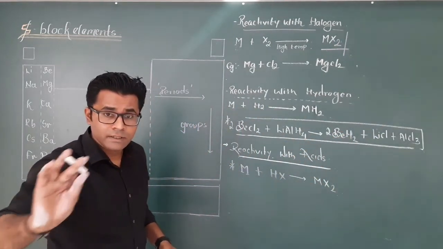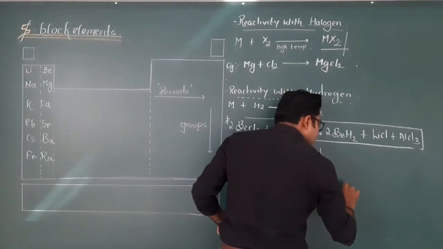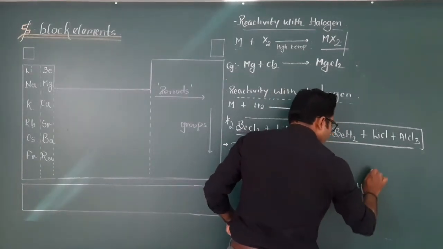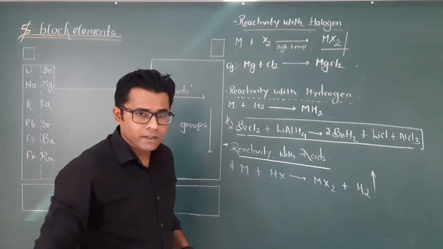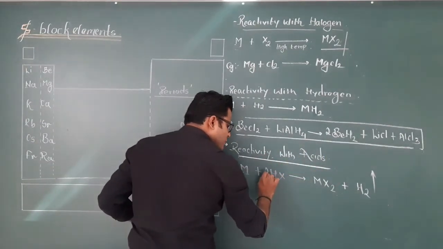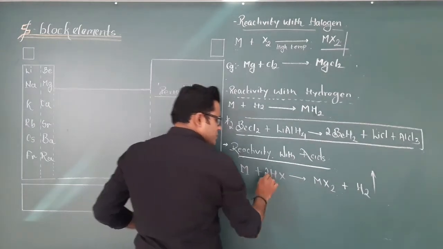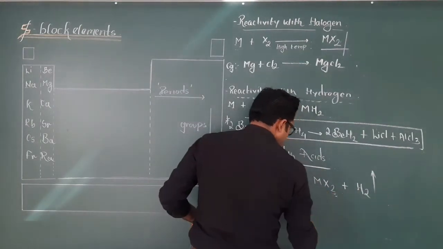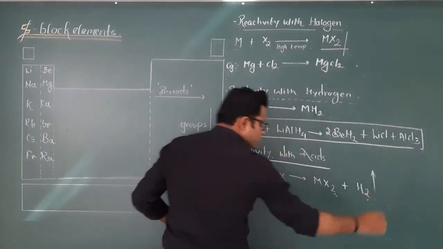Metal halides. Along with this, there is a liberation of hydrogen. Now when we observe this entire thing, of course it's not balanced. In order to balance it, let's take 2 here. So 2 halogens, 2 halogens, 2 hydrogens, 2 hydrogens.